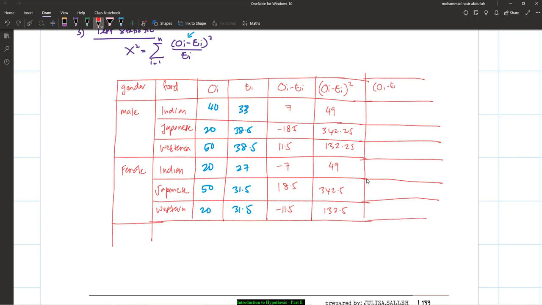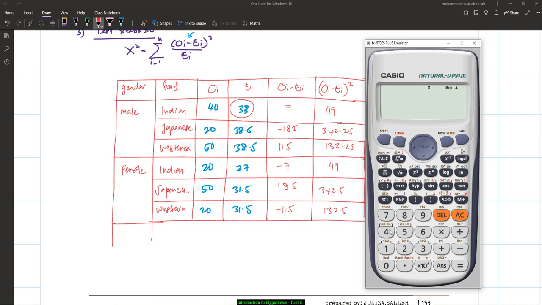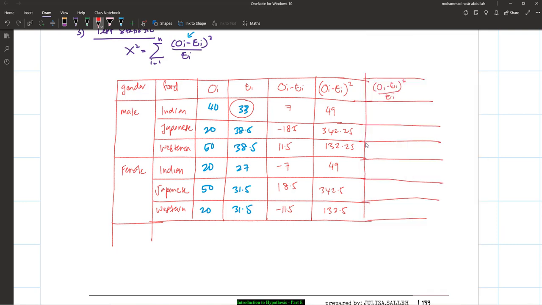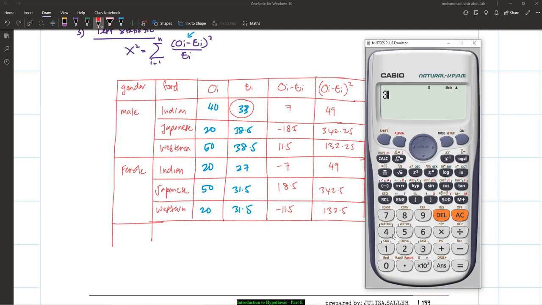So now we need to calculate the next one, which is observed minus expected squared divided by expected value. So for this value, divide by the expected value here. So 49 divided by 33 should be equal to 1.48. Let's take 2 decimal points, right? Another one is 342.25 divided by 38.5.